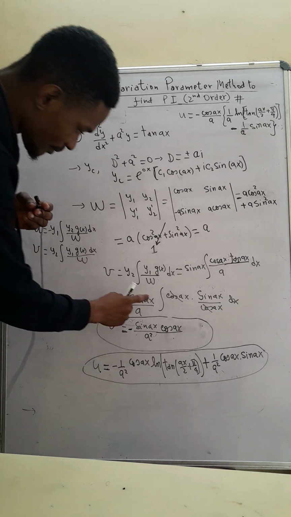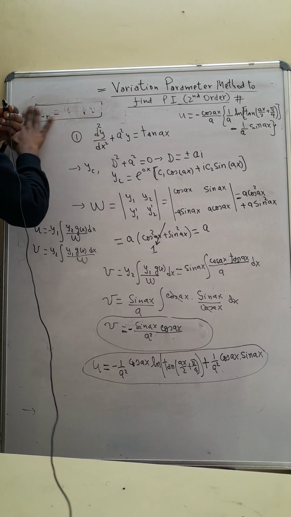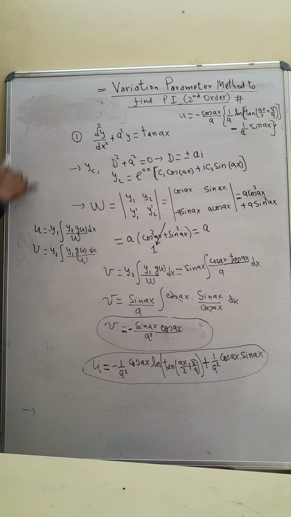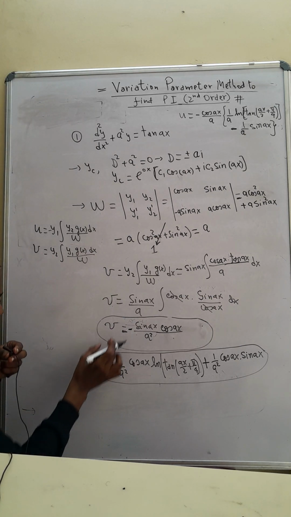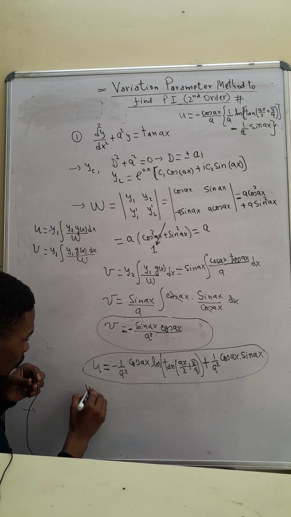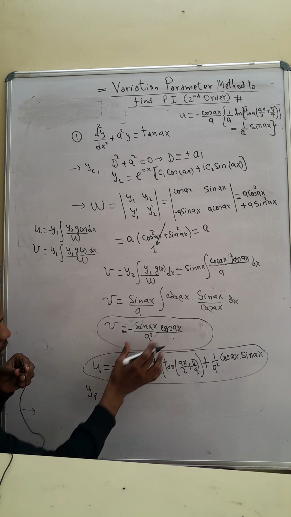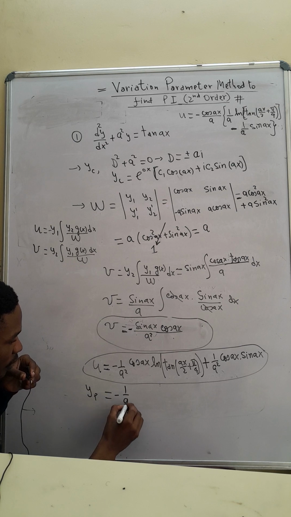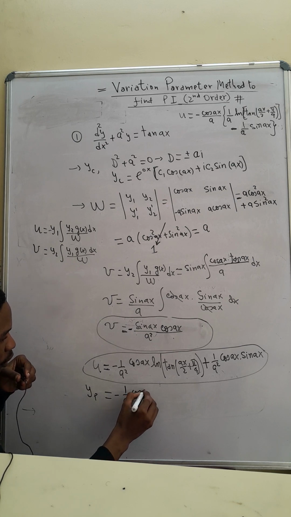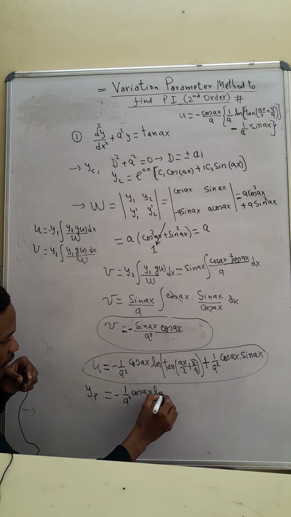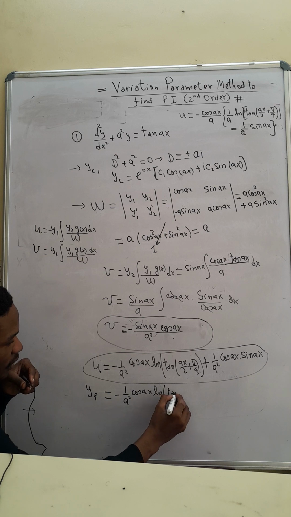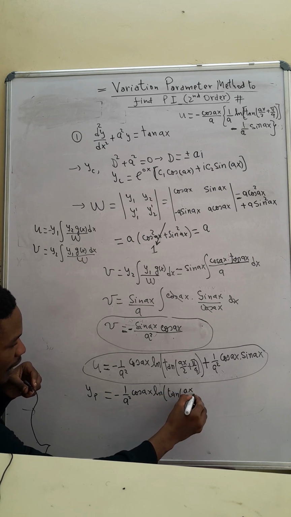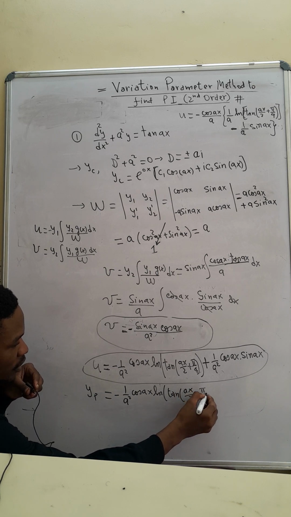Let me put here, I will add all of them. Just add this and this. So yp will be what? This times this plus this, minus 1 upon a square cos ax ln of tan of ax upon 2 plus pi by 4.